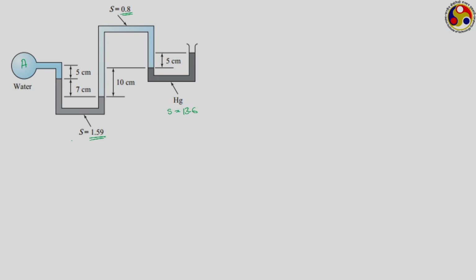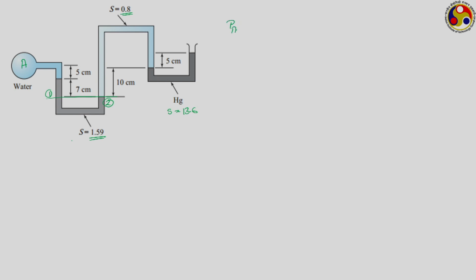There you have to be careful that here the elevations are also not the same. So, how should we go about it? For the first manometer, we can take this as the level. So, let us say this is point 1, this is our point 2, and the pressure at this particular plane between points 1 and 2 has to be equal. So, at point 1 how much is your pressure?